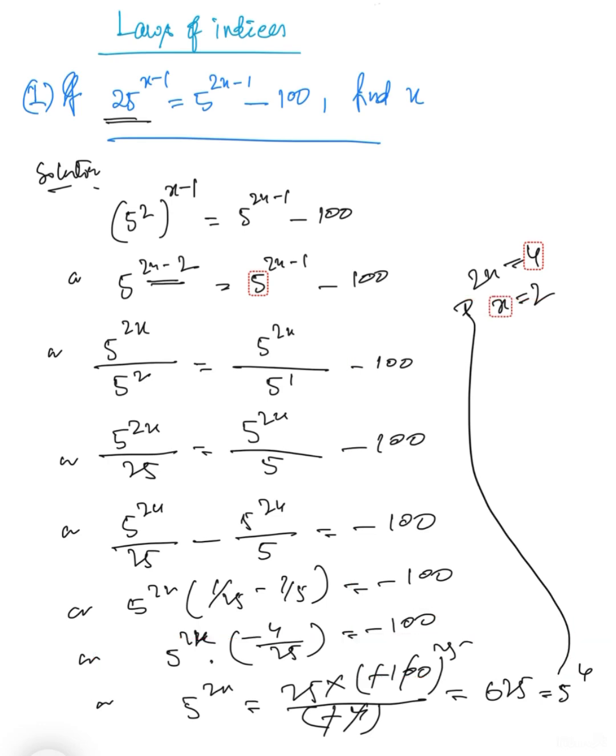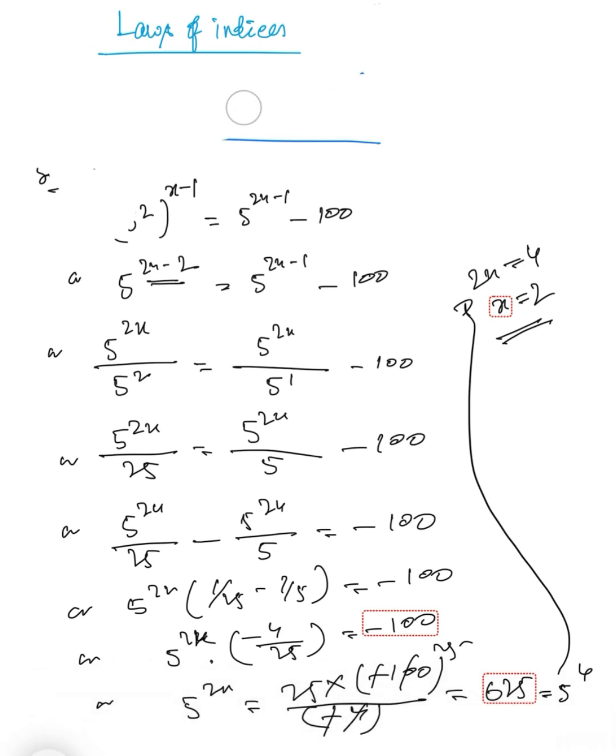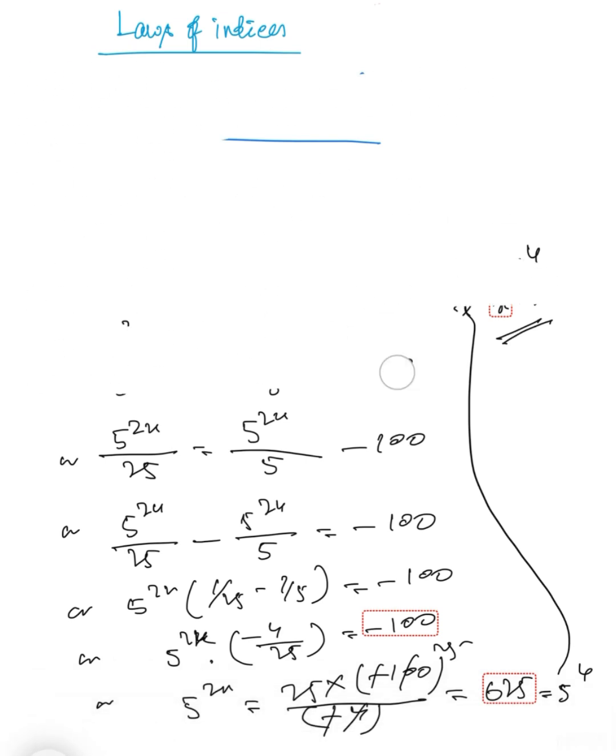You can copy the problem in your book, or you can stop the video and try to understand what is done here. Okay, let us go for the second problem.